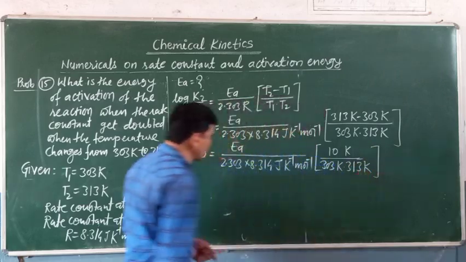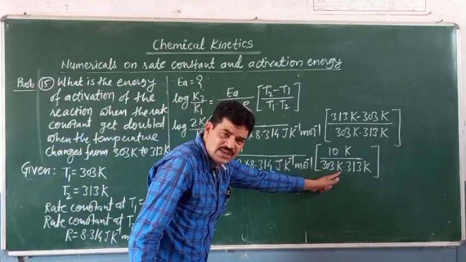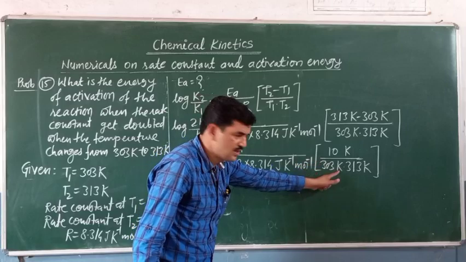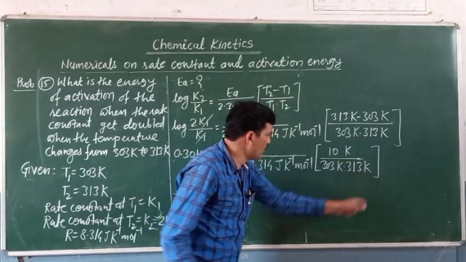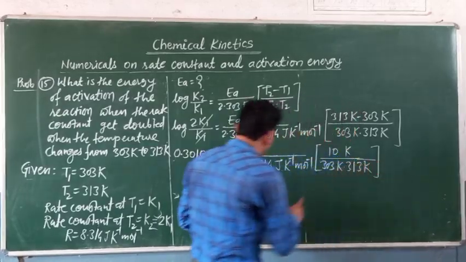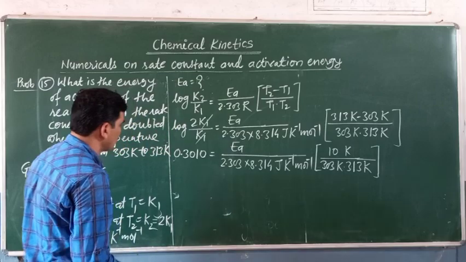Now here cancel the units. Per Kelvin and Kelvin will get cancelled, and this Kelvin in the numerator will get cancelled with the Kelvin in the denominator. So the remaining unit is joule per mole.